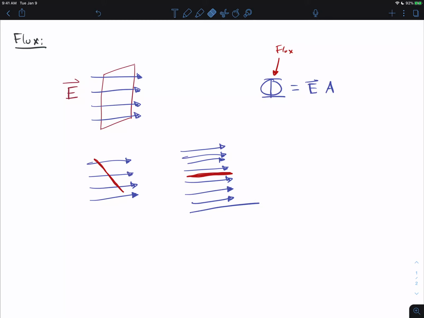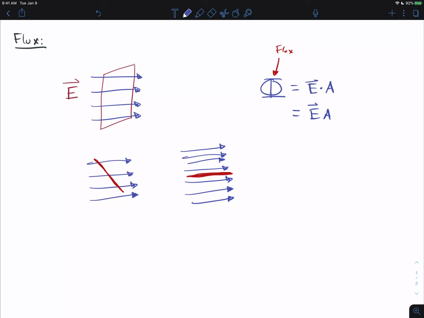And the way that we give this a notation in our formula is by doing this dot. So you guys have probably seen this before. I have my dot product, okay? But a simpler way for us to write this so that you guys remember this is that I have my electric field, I have my area, okay?